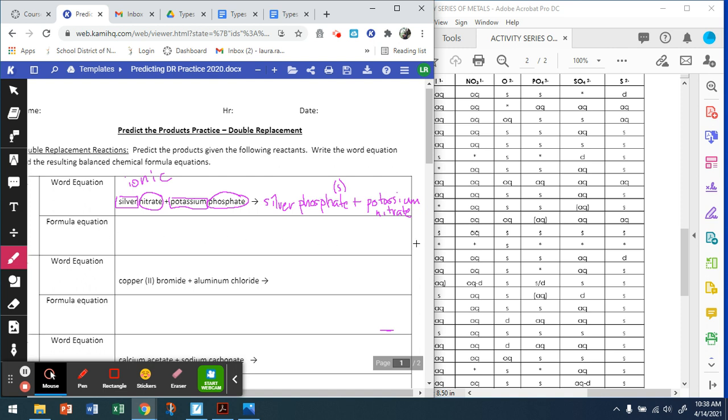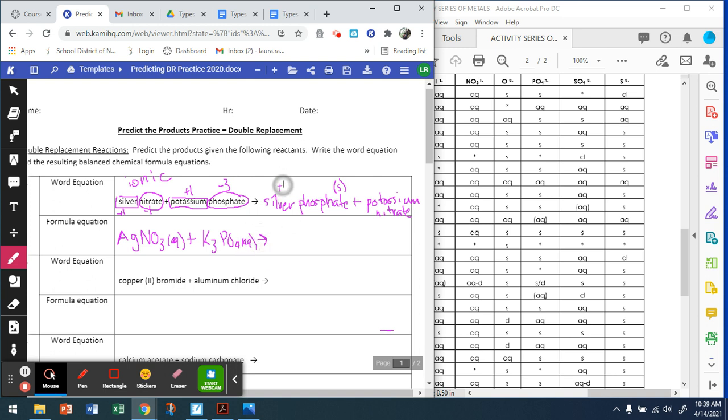So we would then create our formula equation and balance the equation. Silver would be a +1. So I've got Ag. Nitrate is a -1, so they cancel each other out. We'll just have AgNO3, and it would be aqueous. Plus, potassium is a +1. Phosphate is a -3. So K3PO4, and that is also aqueous. So that's where the AQ is coming from.